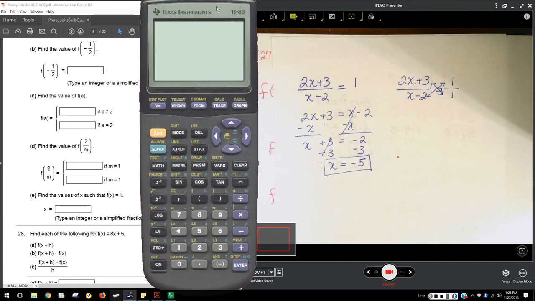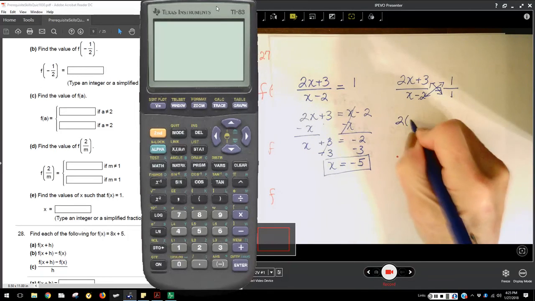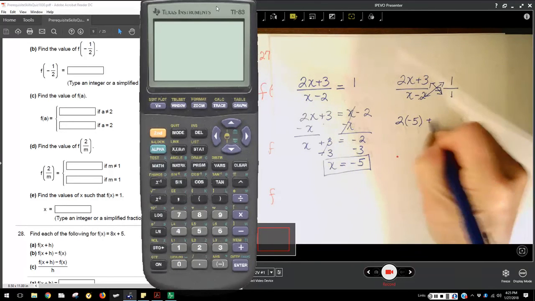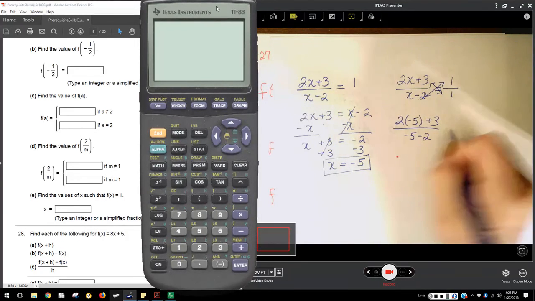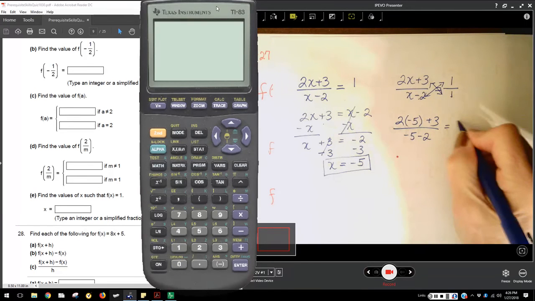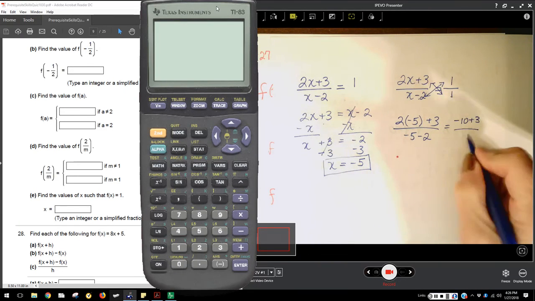If I am the least bit afraid that I've made a mistake, then what I should do at this point is try to plug that in and make sure that it actually does give me 1. So 2 times negative 5 plus 3 over negative 5 minus 2 is equal to negative 10 plus 3 over negative 7.